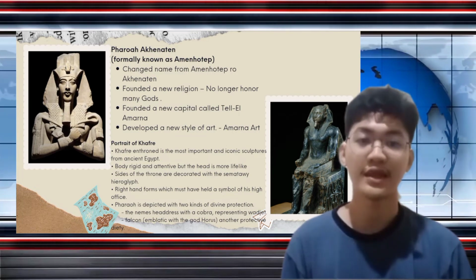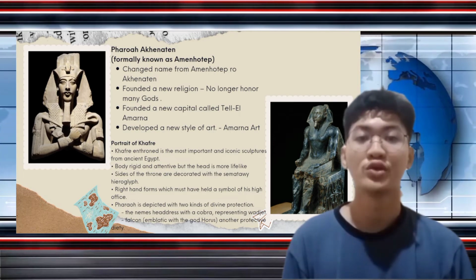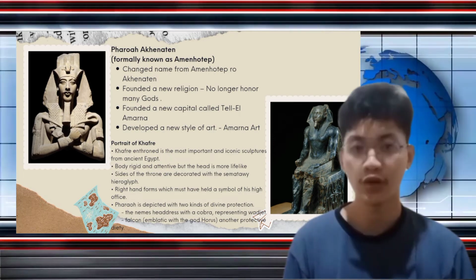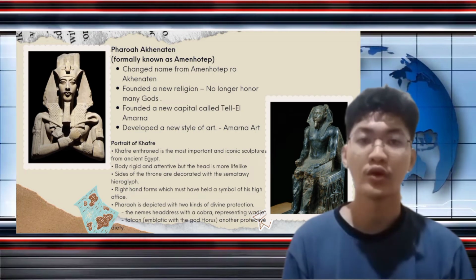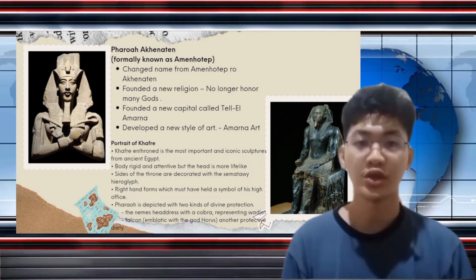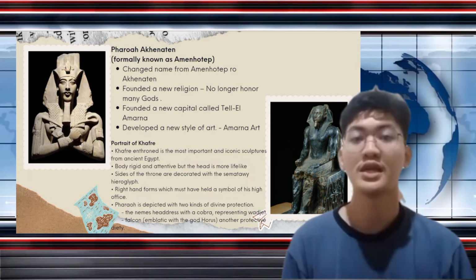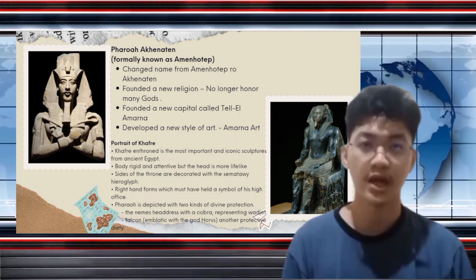He felt that Aten, the sun disk god, was the most important god, so he changed his name from Amenhotep to Akhenaten, one who worships the Aten. He founded a new religion, which is monotheistic, honoring one god, which is Aten, the sun disk god.